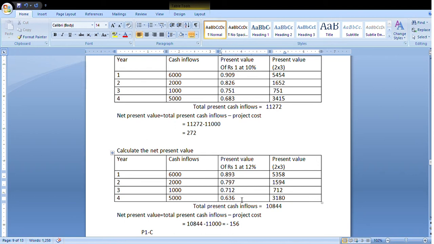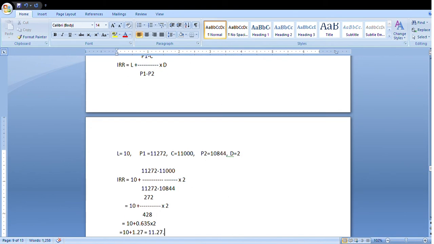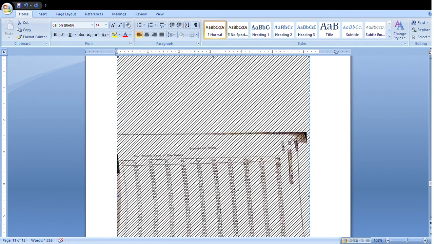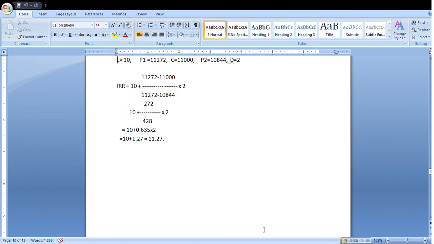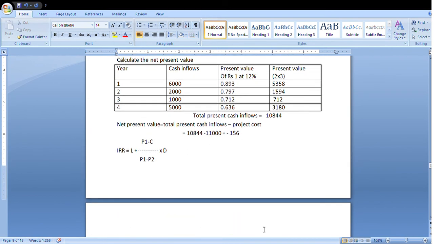This table has years on one side and percentages on the other. The discount rate in the problem is 12%, so take the 12% column. Enter these figures based on the present value table at 12%.